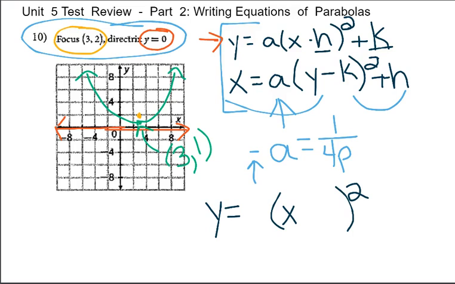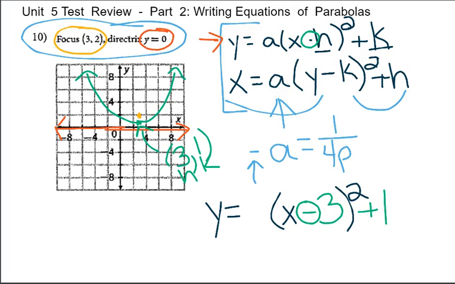So my h is whatever the x part of the vertex is, and my k is whatever the y part of the vertex is. So I'm going to plug in 3. Notice I put a negative because the equation is negative, so it will always change the sign of h when you plug that in. And my k is 1. So I'm going to plug in 1 for k.